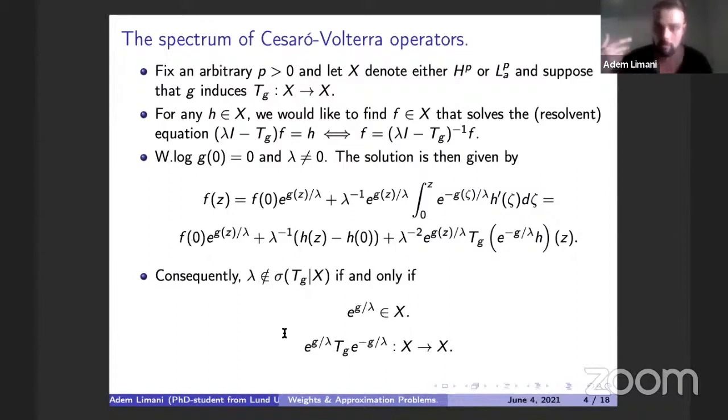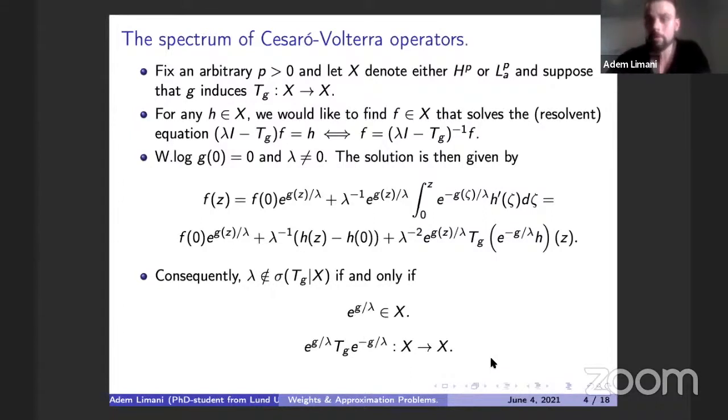So you can plug in a function which vanishes at 0, and then you can plug in a function which does not vanish at 0, and then you get these combined conditions. Okay, so basically, lambda does not belong to the spectrum, which makes this operator invertible, if and only if this condition holds.